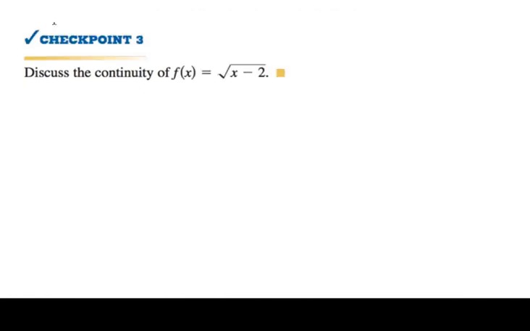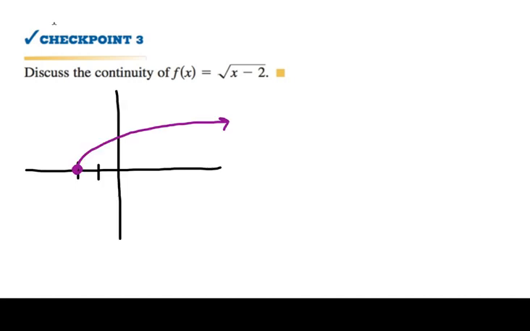Okay, you go ahead and try this one, and when you're ready to reveal, go ahead and press play. Okay, let's check your answer. This is continuous from -2 to infinity.